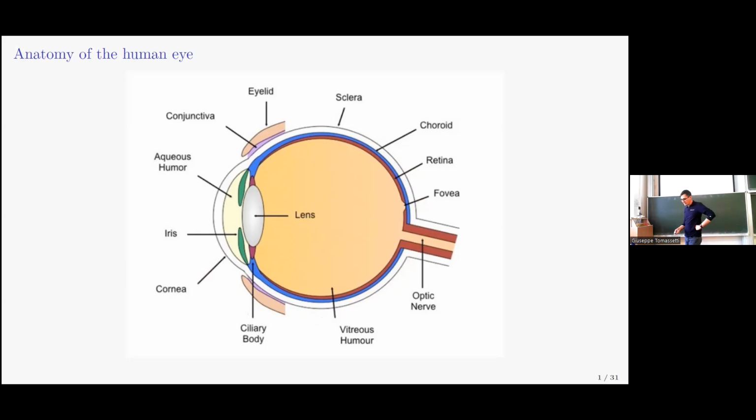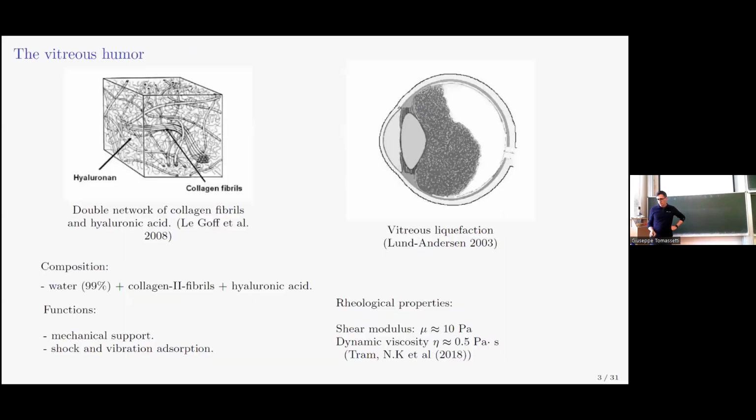So the vitreous humor has viscoelastic properties that are well known and are thought to be important to prevent eye injury. It provides not only support to the eye, but also protection from injuries, impacts, and so on. And this is because it's essentially a viscoelastic material.